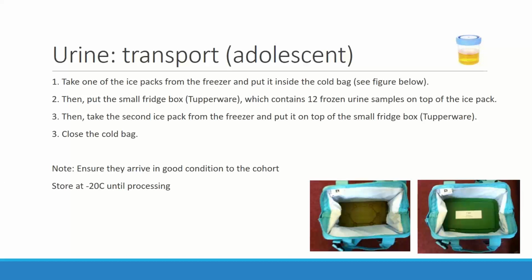But we need 2 ice packs frozen at -20. So when the samples are transported, the adolescent will take the cooler bag and put one of these ice packs inside it. Then we will put the box with the urines, and then the second ice pack, okay?